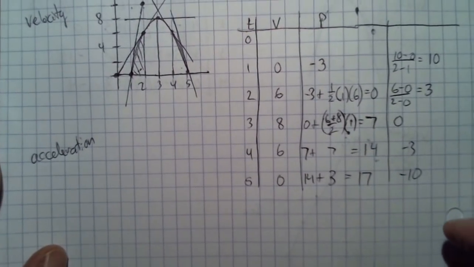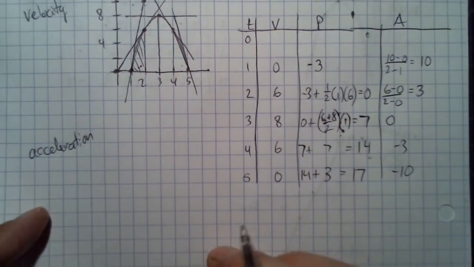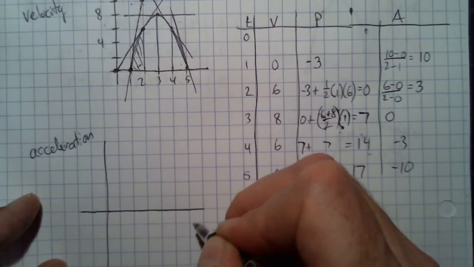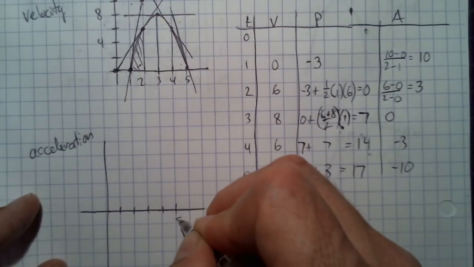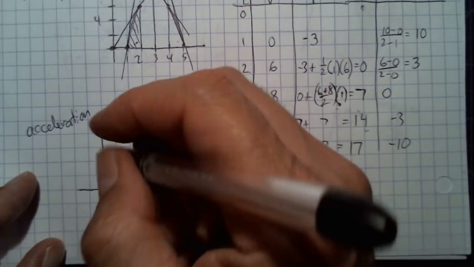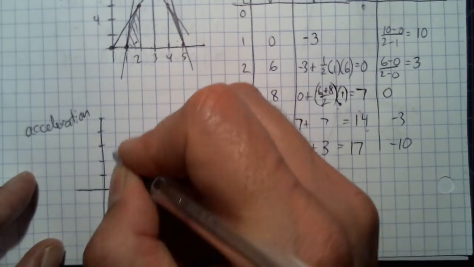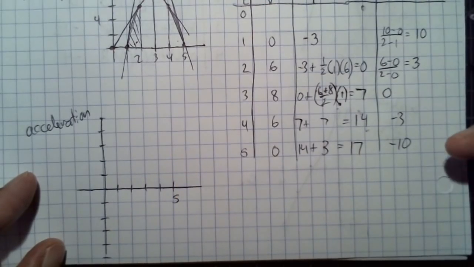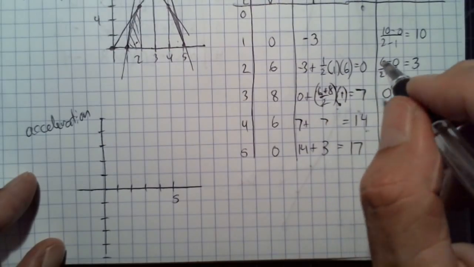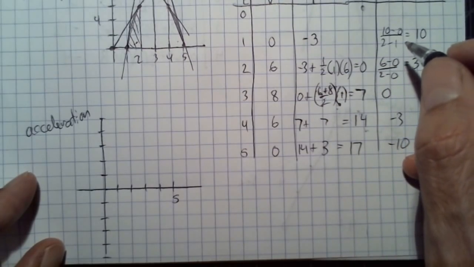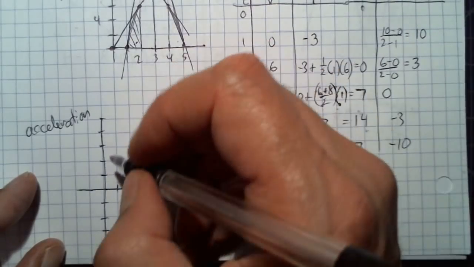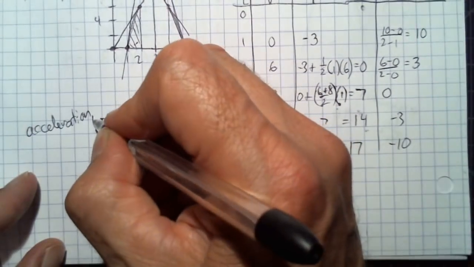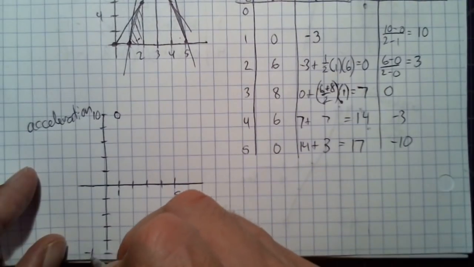And now we have points for the acceleration graph. And at 1, the slope is undefined, but we know it's approaching 10, so we'll have an open circle at 1, that's 10, and then negative 10.